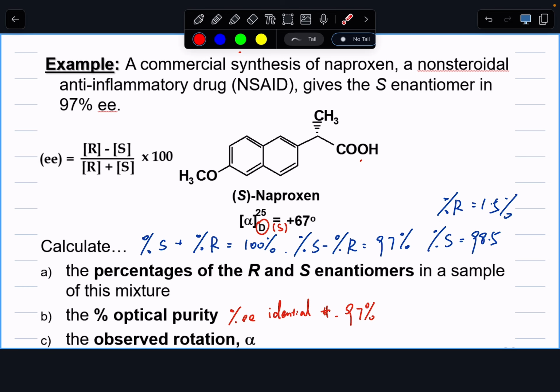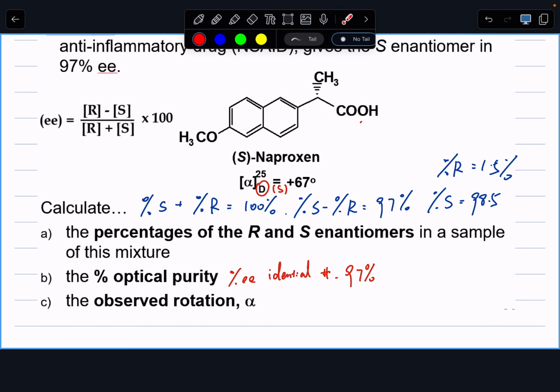And what about the last one? The last one is asking for the observed rotation. In this question, we know the percentage optical purity, and we also know the rotation of a pure sample. So we're using this equation here.